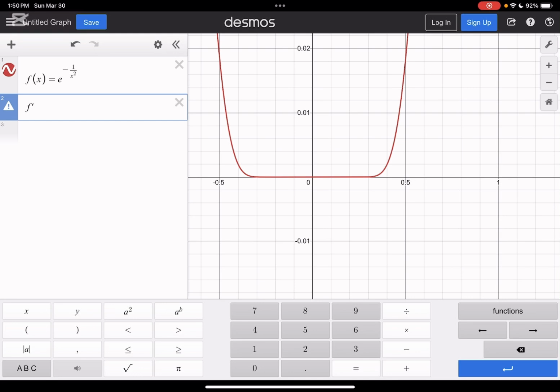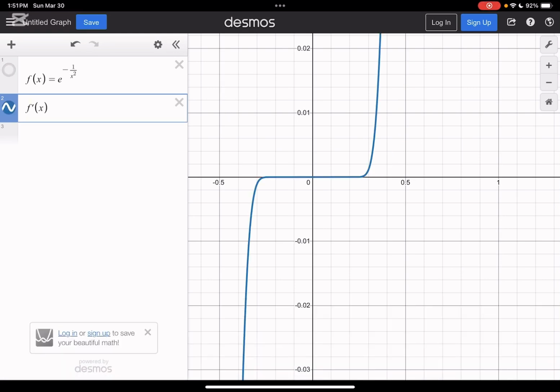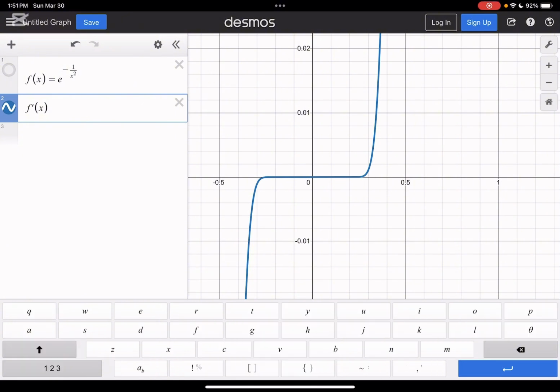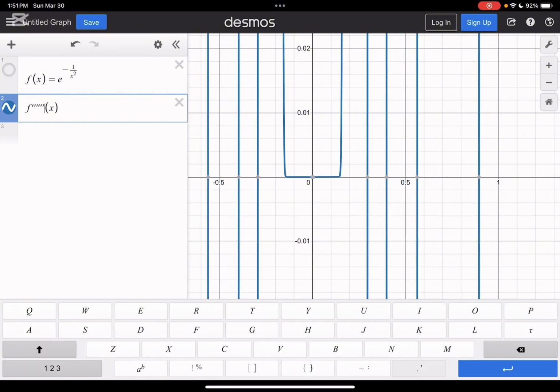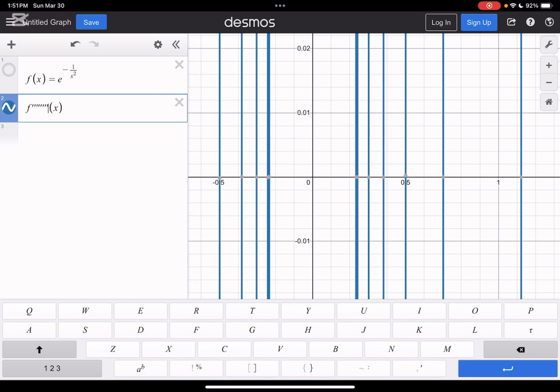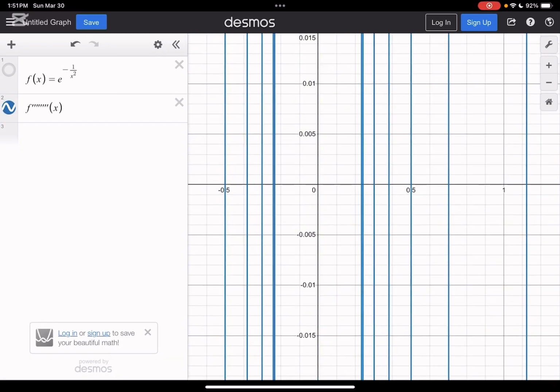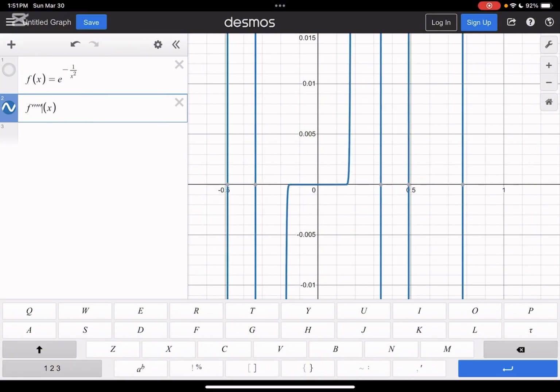And notice how if we were to graph f prime of x, that's also the case. And we can keep on adding primes, right? It doesn't matter. It's always... Oh, okay. You have to believe me. Desmos just breaks down. It's still there, I swear.